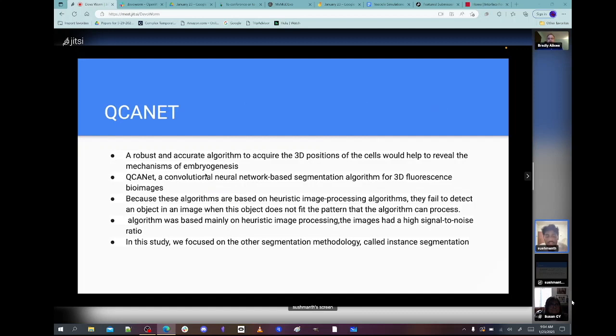We need 3D fluorescence bioimages. This algorithm is not completely based on image processing algorithms. Some CNNs fail to detect an image when the object doesn't fit the pattern the algorithm can process. So the algorithm was mainly based on heuristic image processing.